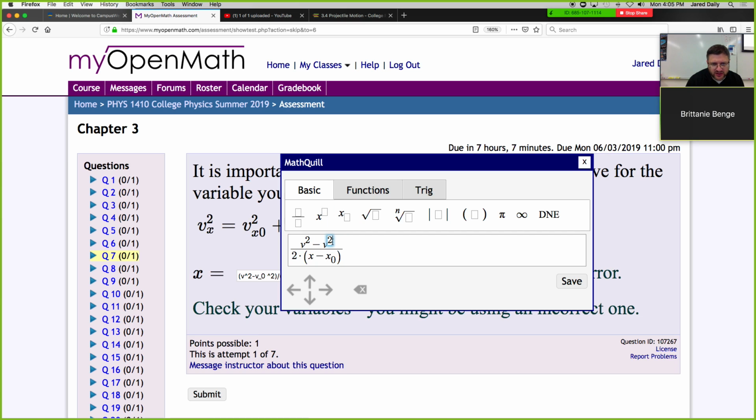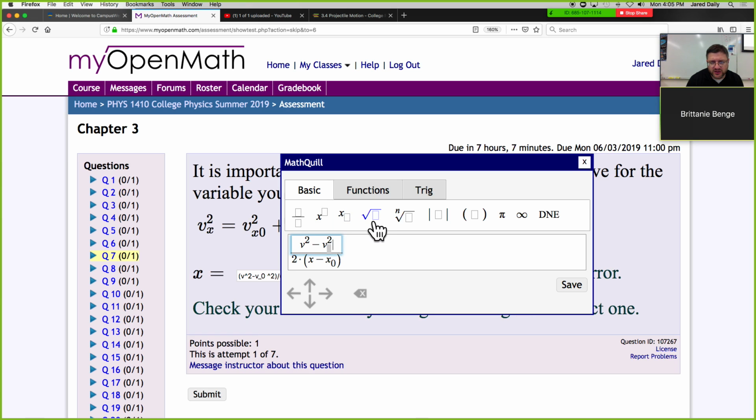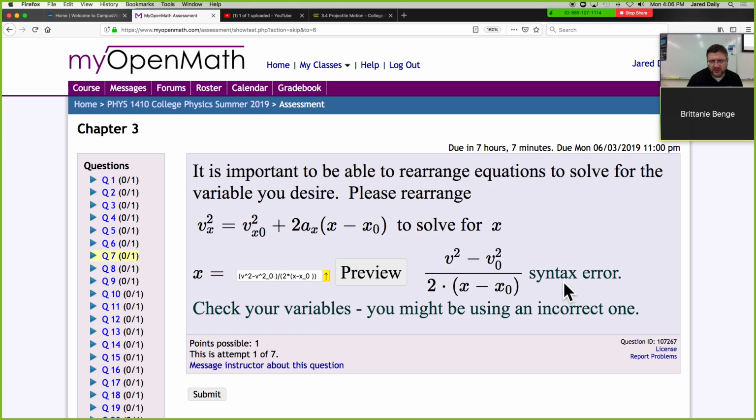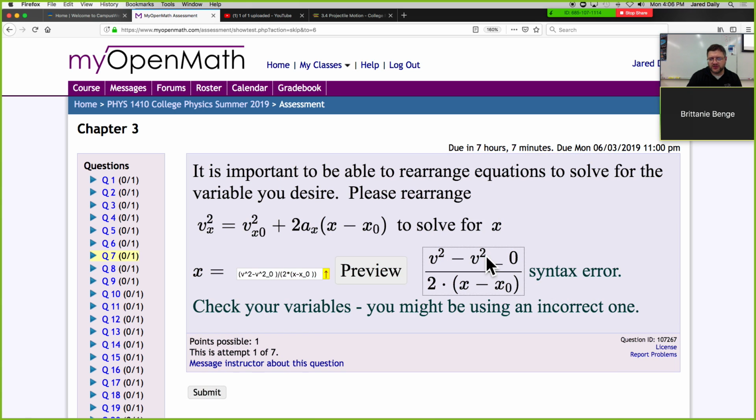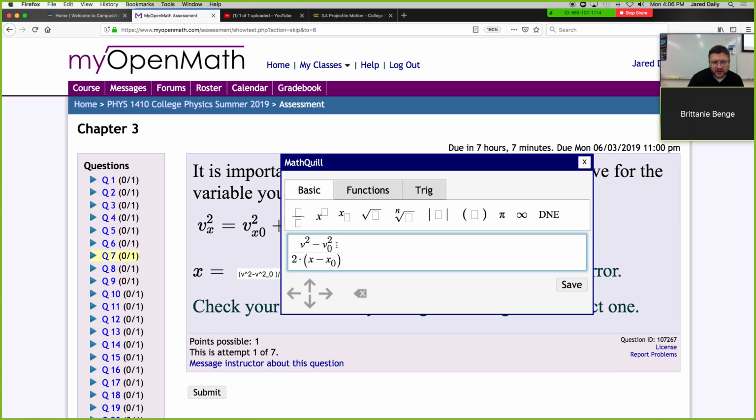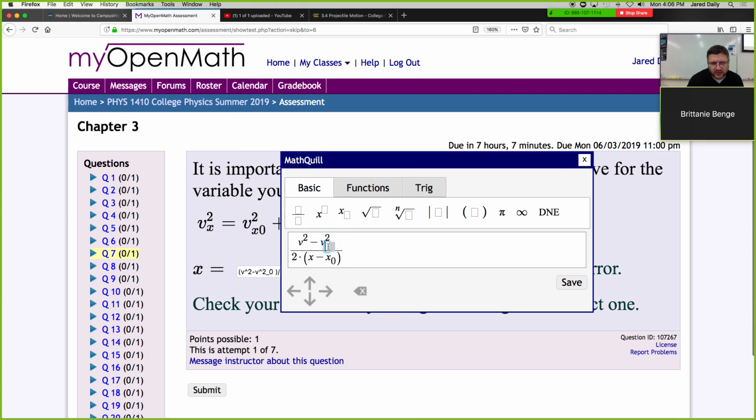V squared, and then underscore 0. Sheesh. Underscore. There we go. I can see that it's different now.